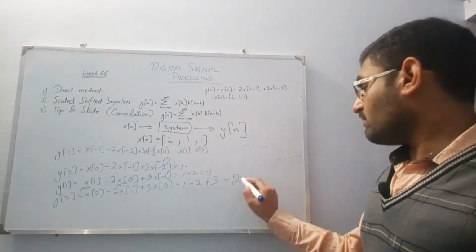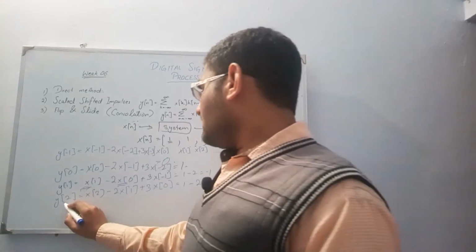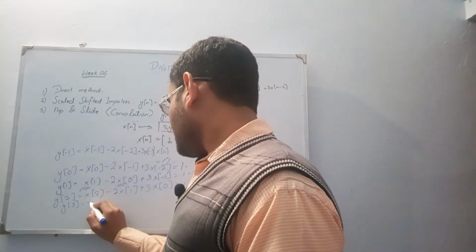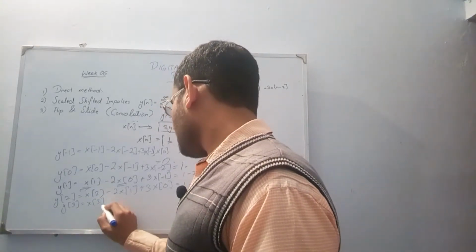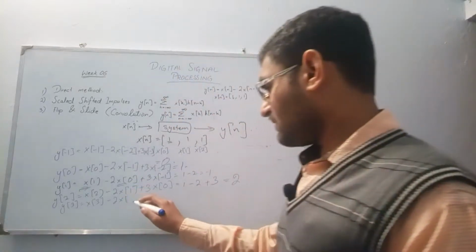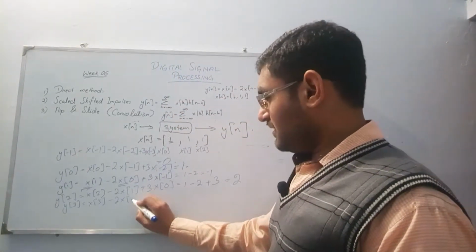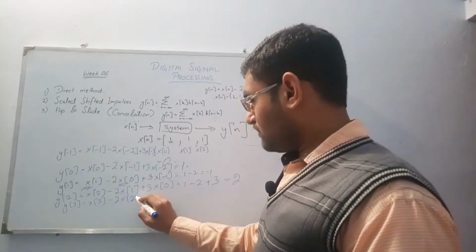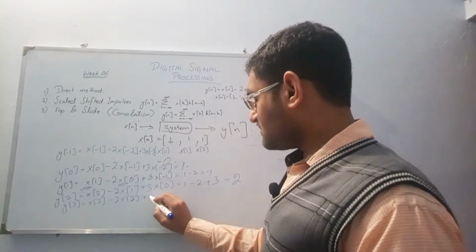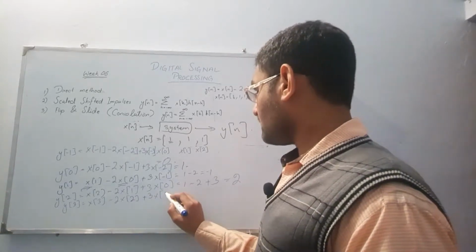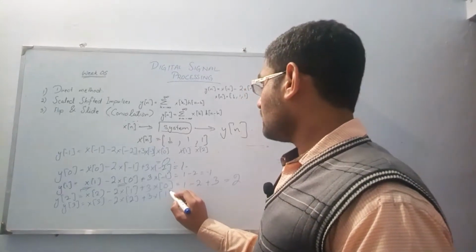It is 2. And the next one, y of 3: x of 3 minus 2x of 2 plus 3x of 1.